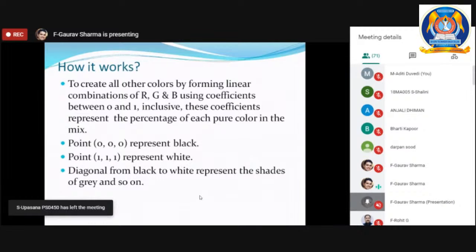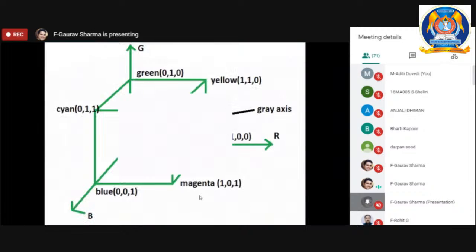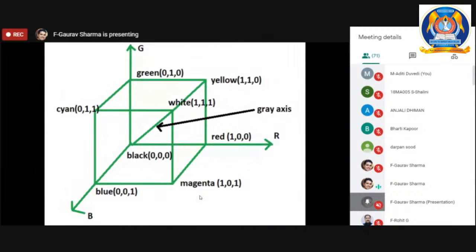The diagonal from black to white will represent the shades of gray. Now see, this is the picture. This diagonal is the gray color, moving from a blackish gray to a whitish gray up to the point 1, 1, 1. Here is black, here is blue, here is red, and here is green. You can see this is yellow, 1, 1, 0.